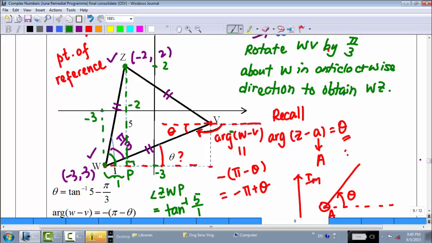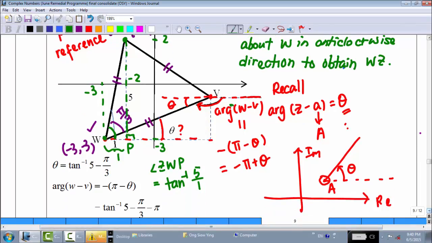Okay. Now after you work out the angle ZWP, what's next? This is not the required angle, right? The required angle is theta. So if you ask yourself, what is your theta? Your theta is actually the angle ZWP, where this is my point P, okay, minus the angle of pi by 3, isn't it?